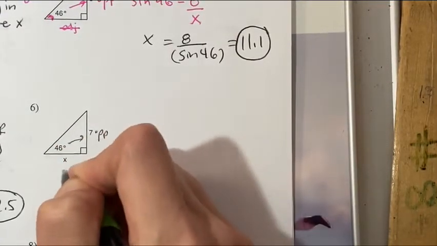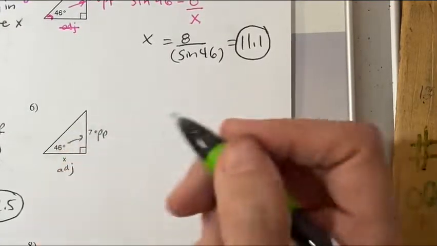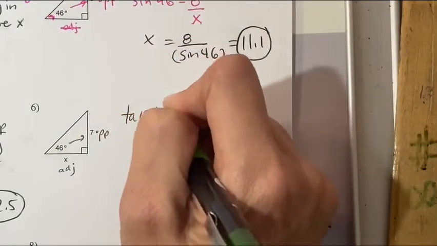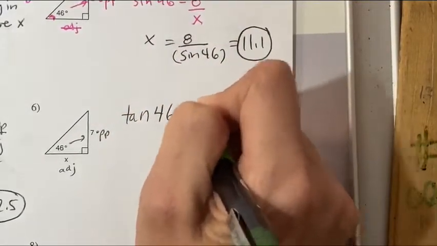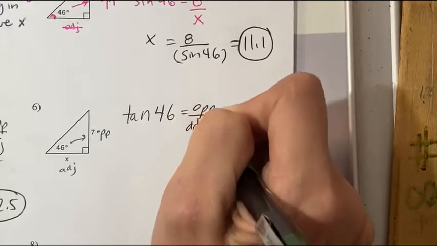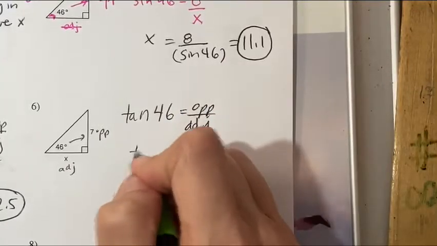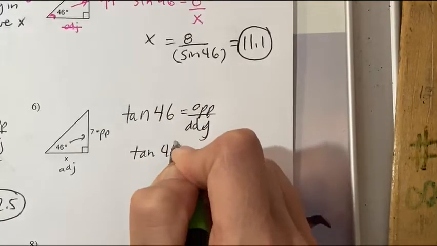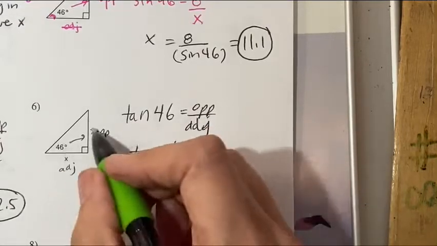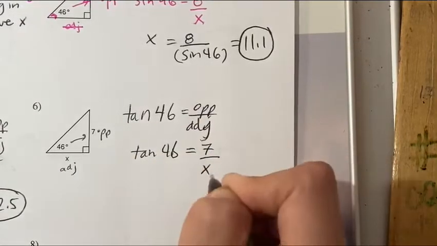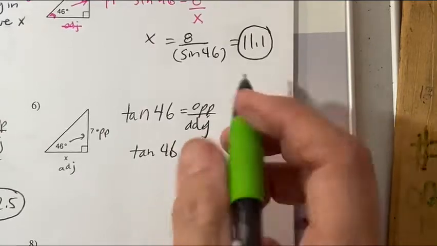These opposite and adjacent. I don't have information on the hypotenuse, so we know that one's tangent. Tangent is opposite over adjacent. So tangent of 46. I labeled 7 the opposite and x the adjacent. So I'm going to swap spots.